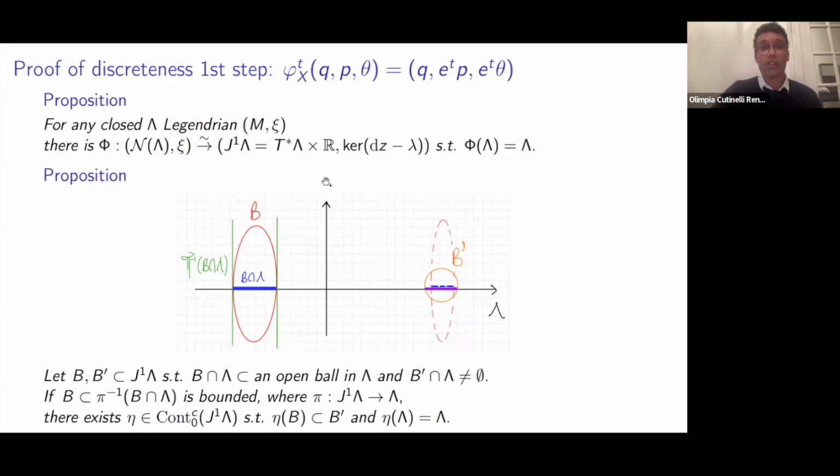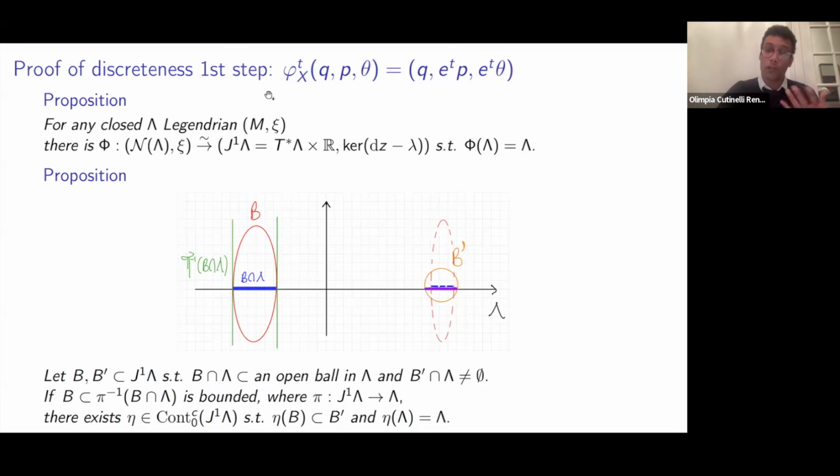And then at last, you just need to use the contactomorphism of the title of the slide. In the title of the slide, you have a contactomorphism that shrinks everything, for t small enough, to the zero section.